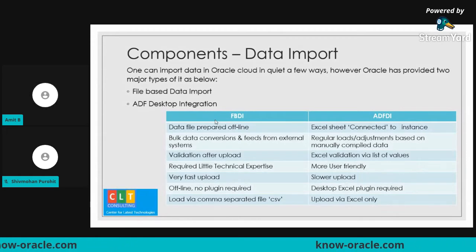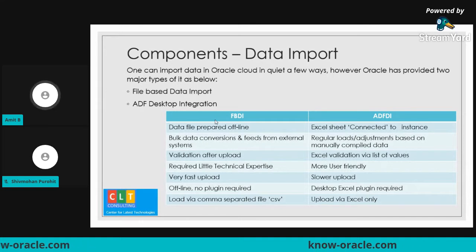However, in FBDI, we normally download the data template provided by Oracle from Oracle Docs, and then we fill in the data, we prepare the data, and then we load the data. So preparing and loading the data itself is offline.